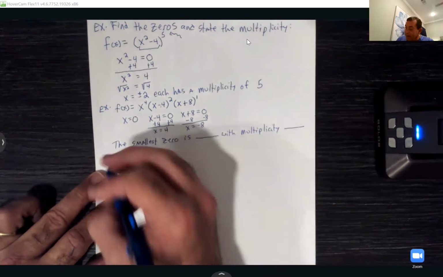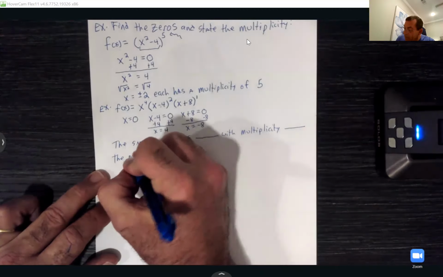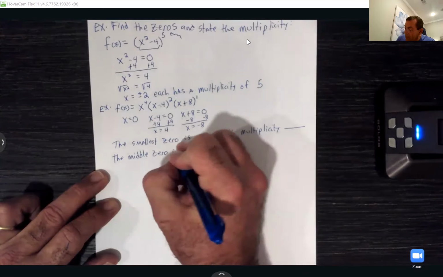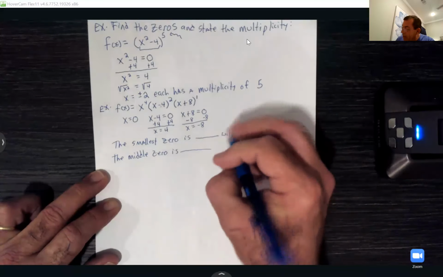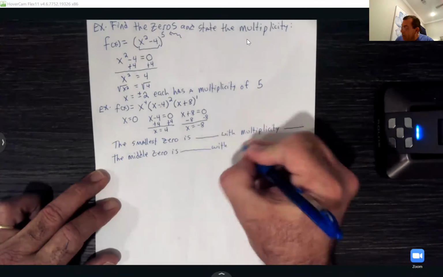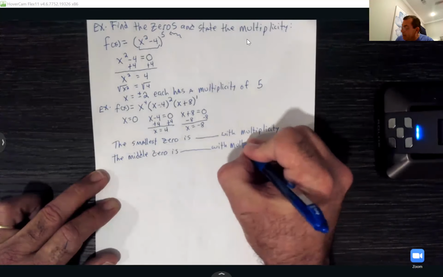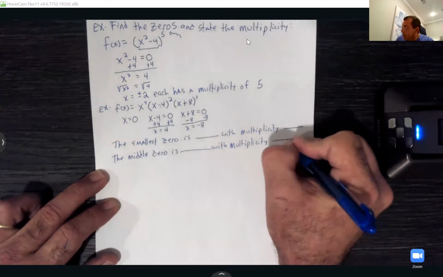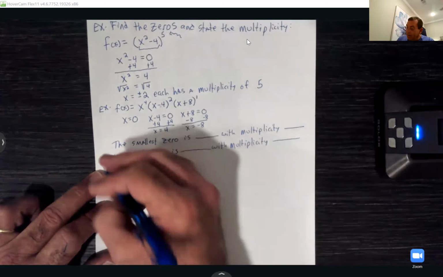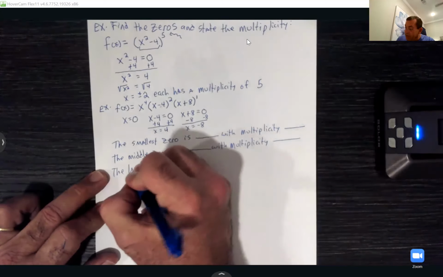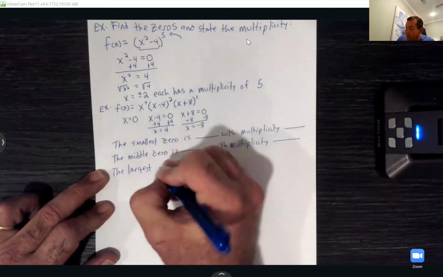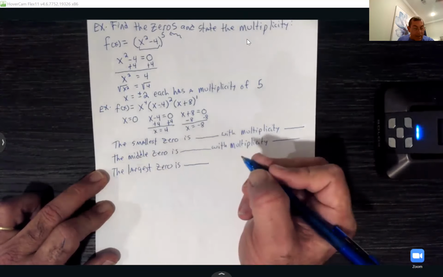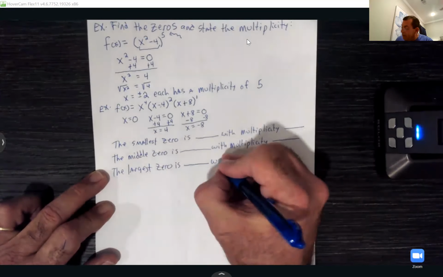Then it'll say the middle 0 is blank with multiplicity blank. And then the largest 0 is blank with multiplicity blank.